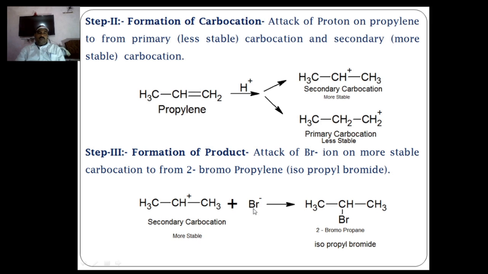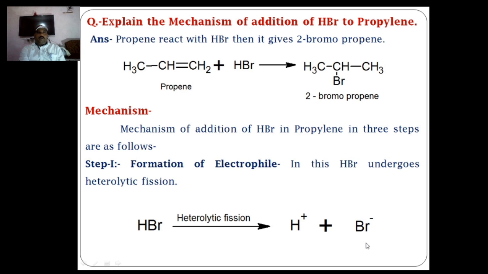Simply, Br negative gets attached to the electron deficient center to form 2-bromopropane, which is also known as isopropyl bromide. This is the actual mechanism of addition of HBr to propene.